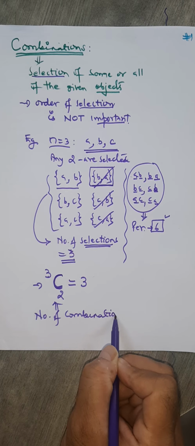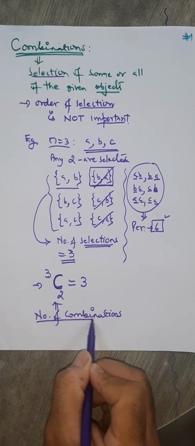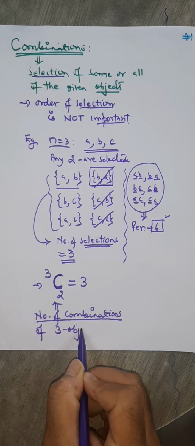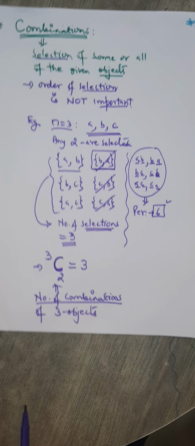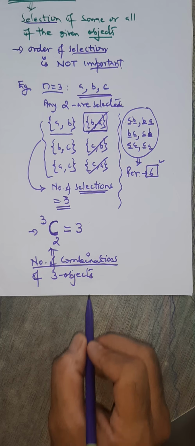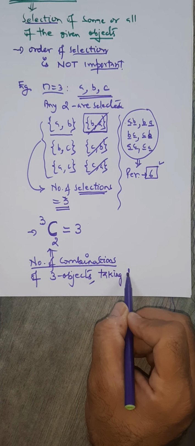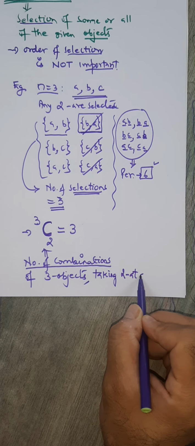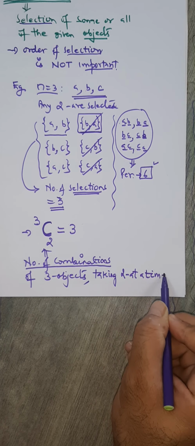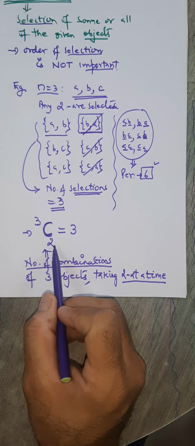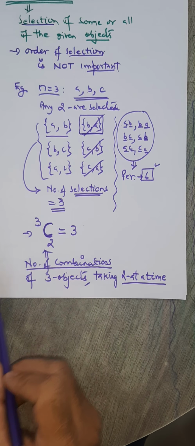Combinations means selections. Total number of combinations of 3 objects taking 2 at a time. This is combination, 3C2.